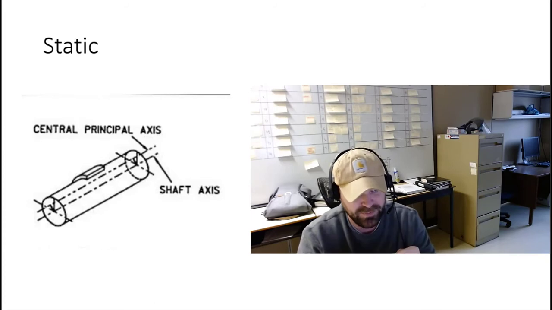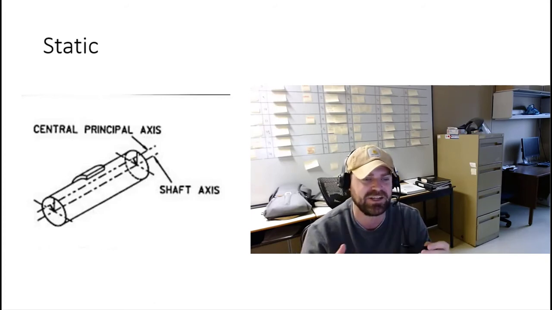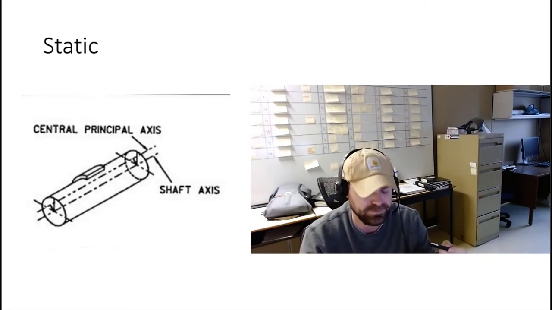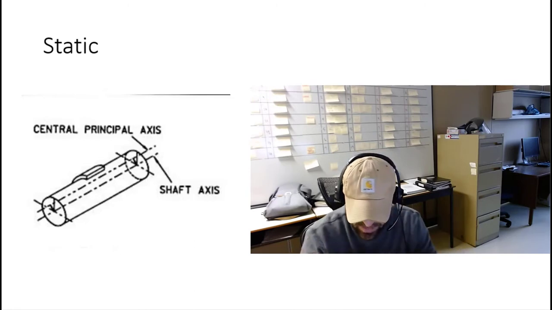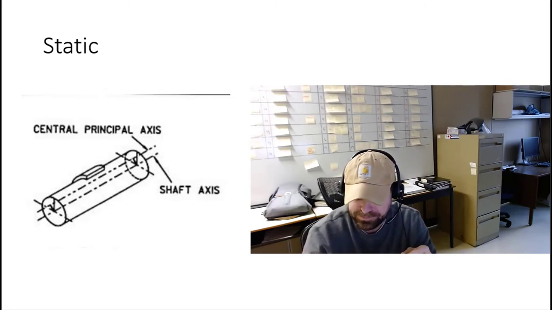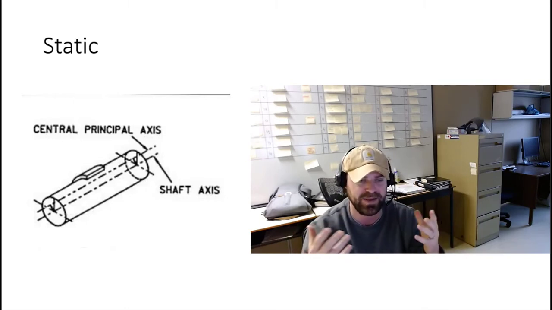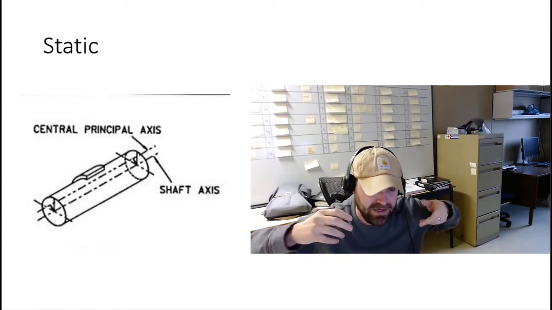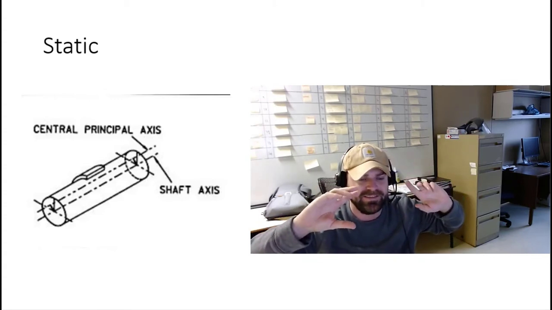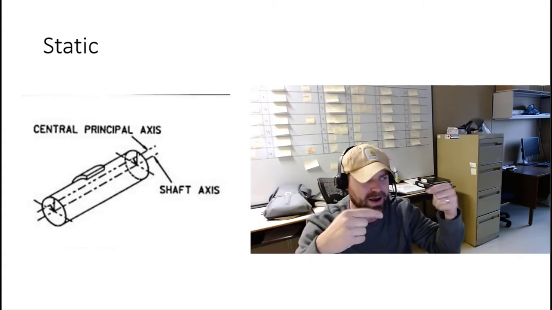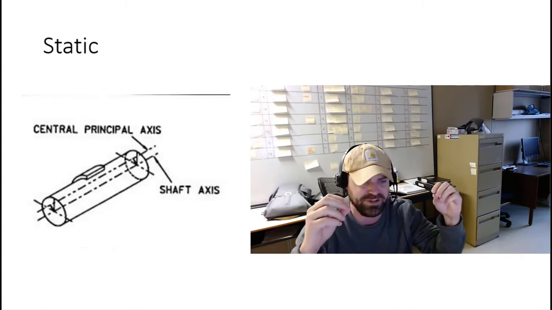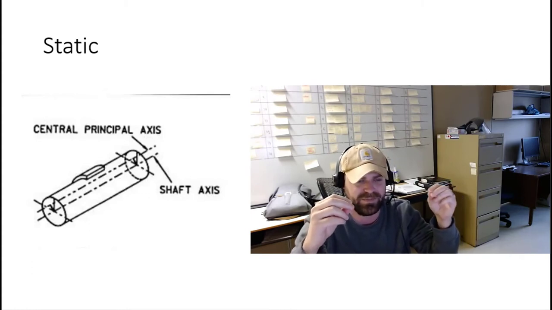The central principal axis is a little bit different because this is the actual weight distribution. We talked about this in space. If you were to take any object up into outer space where there's no gravity and spin it, it's not going to spin around the measured center point where it's located.